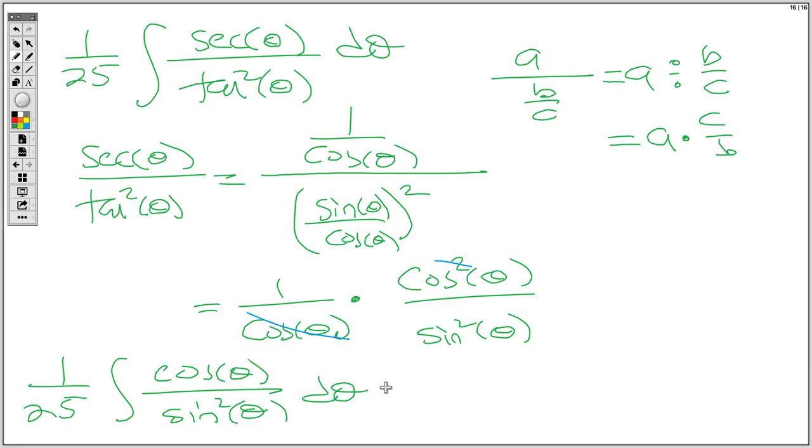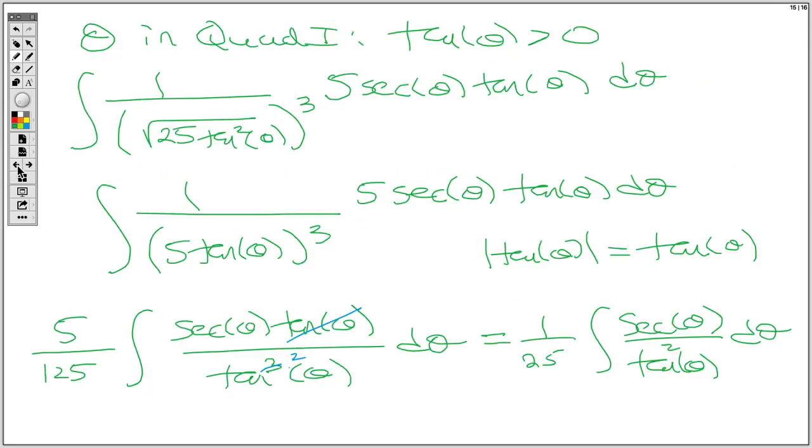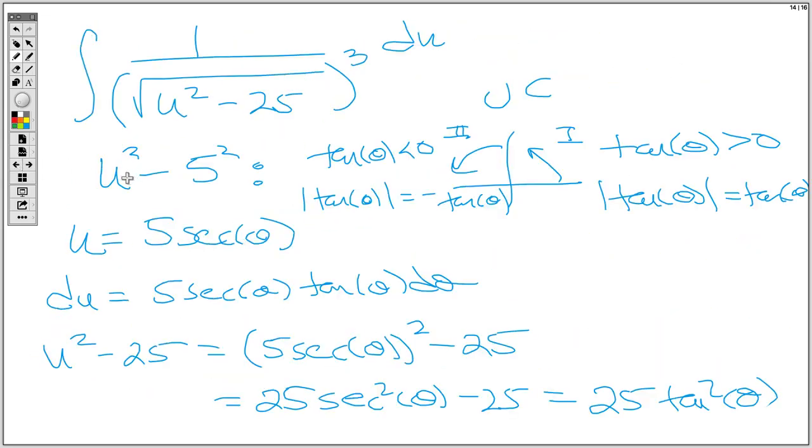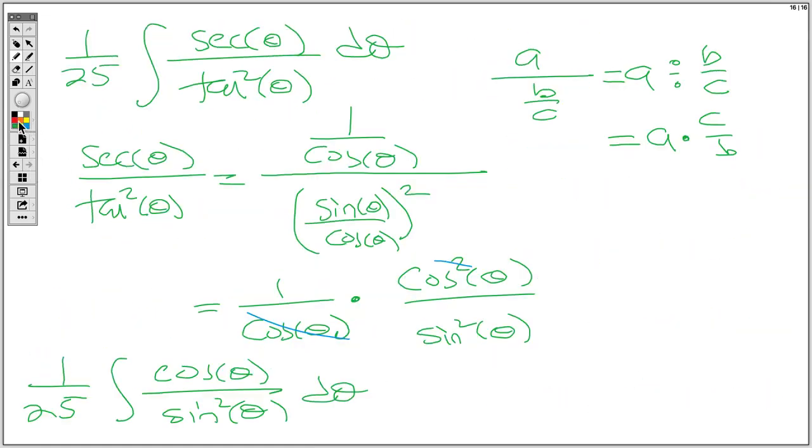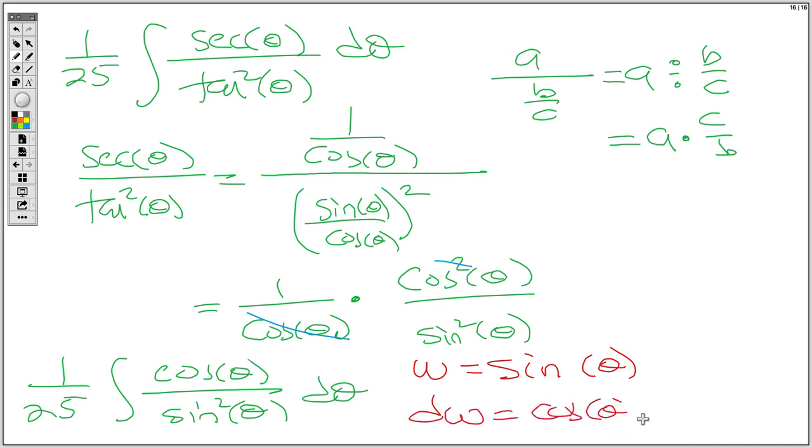And so now we're at the finish line, because we can integrate this using a u sub from Calc 1. Now, the problem is we have already used u. So if we need to do another u substitution, I'll do a w. We can keep a cosine back and everything else is in terms of sine. So I'll let w be the sine of theta. So dw is cosine of theta d theta.